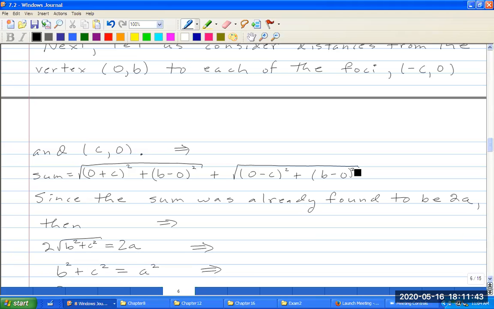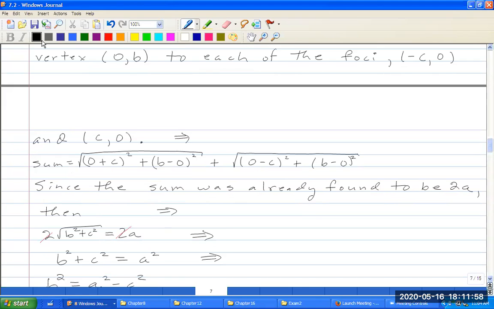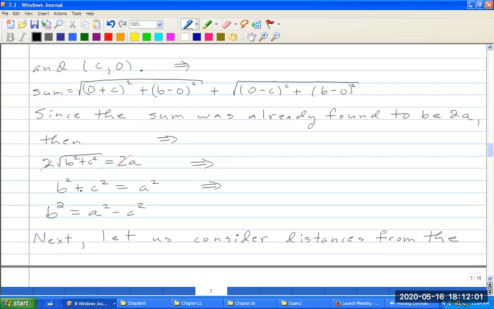Since the sum is always equal to 2a, each of these radicals, the square root of b squared plus c squared, must equal a. Squaring both sides of my equation, I get that a squared is b squared plus c squared. And so I have that b squared is a squared minus c squared.